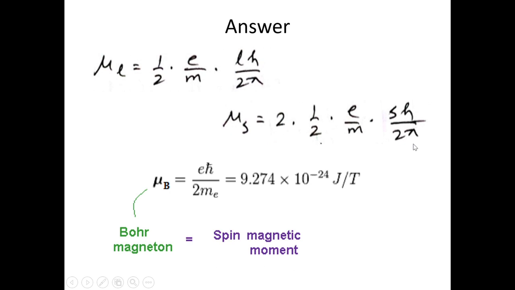Why is it half? It is experimentally proved. The name of the experiment is Stern and Gerlach. So if I put half, then EH cross by 2m, because 2 into half cancels out. So the magnetic moment for an s electron is dependent upon the factor mu s.